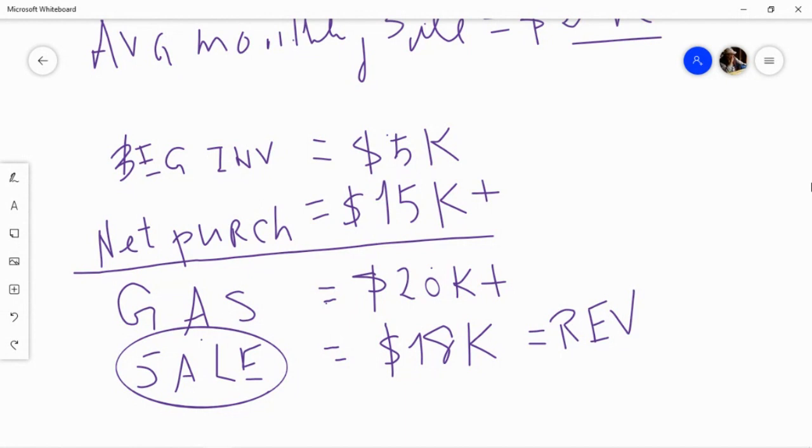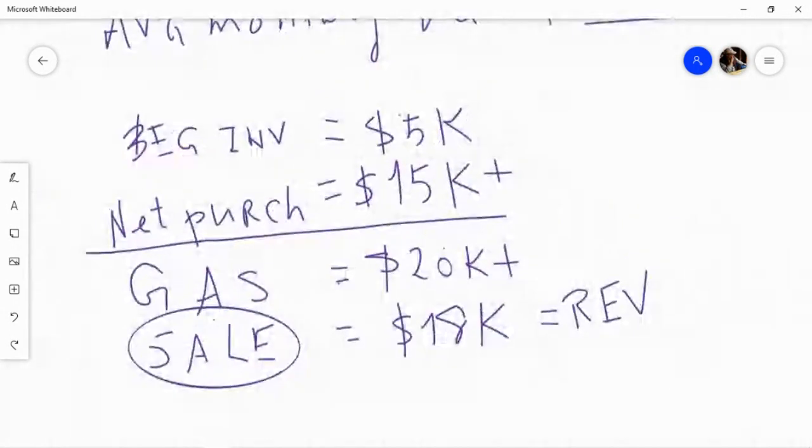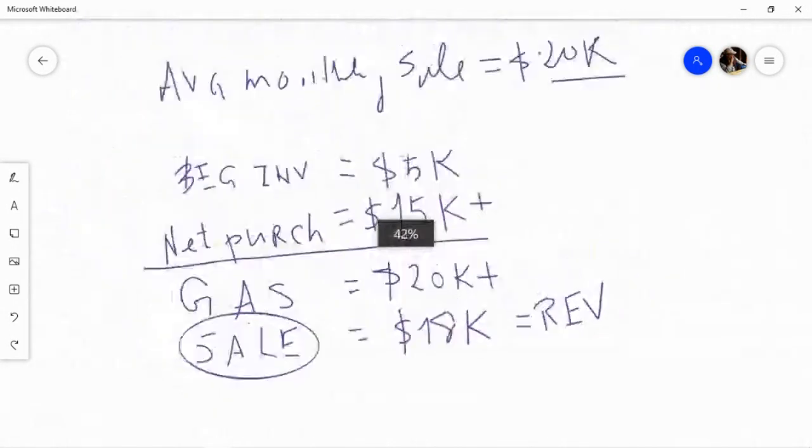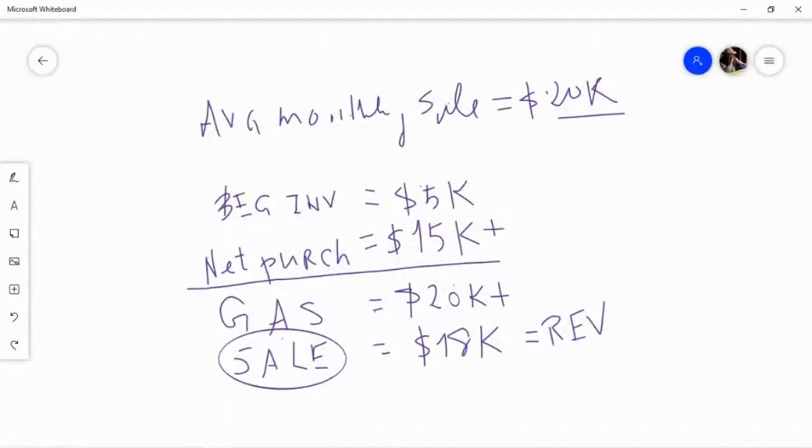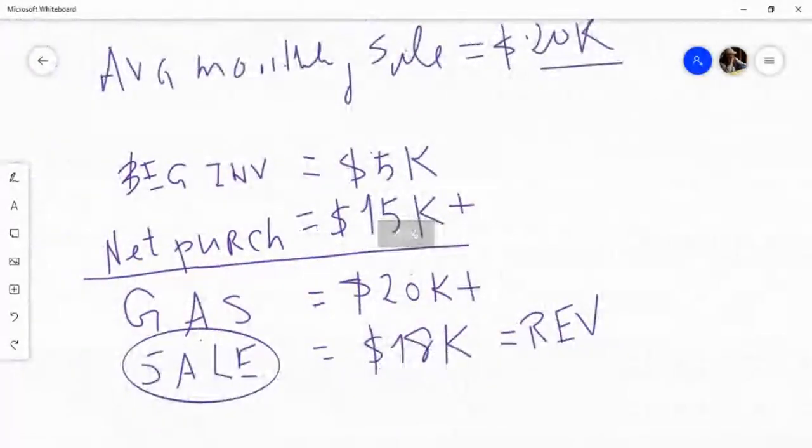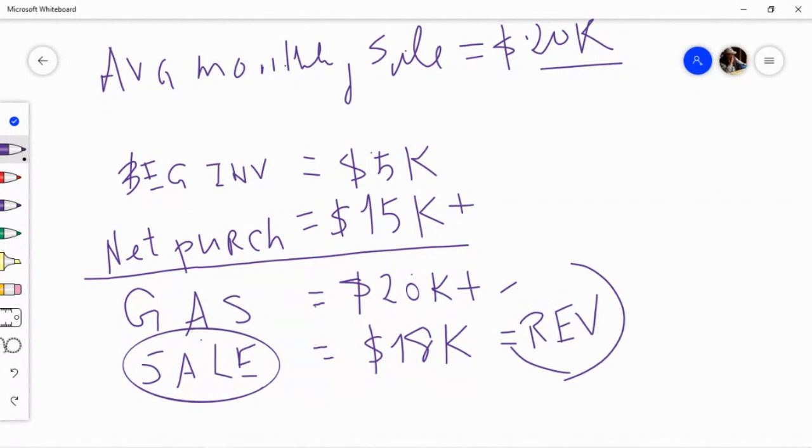So everything is already at selling price: a 5K selling price, net purchase of 15K selling price, 20K selling price. Once the sale happens, it's directly revenue.